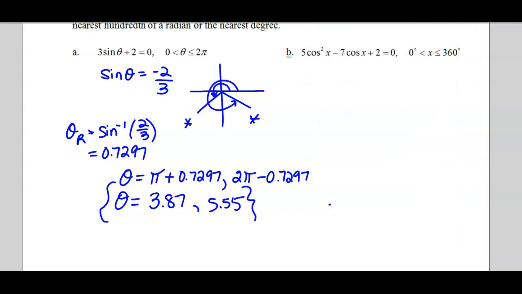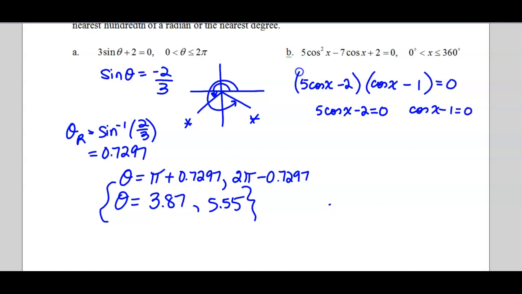Next one, you have to do a little bit of work because you have to factor. Okay, so factor that because there's a cos squared, a cos, and a cos. Then each factor is 0.